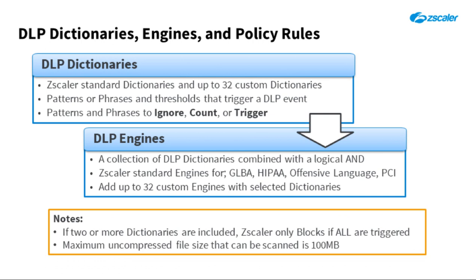Note that when a DLP engine uses 2 or more dictionaries, a logical AND operation is performed, so that Zscaler will only block content if all of the dictionaries in the engine are triggered. Also note that Zscaler DLP engines can scan files with a maximum size of 100 MB.